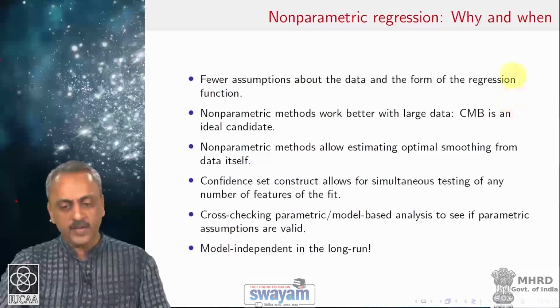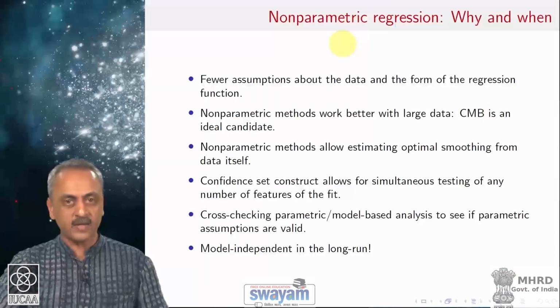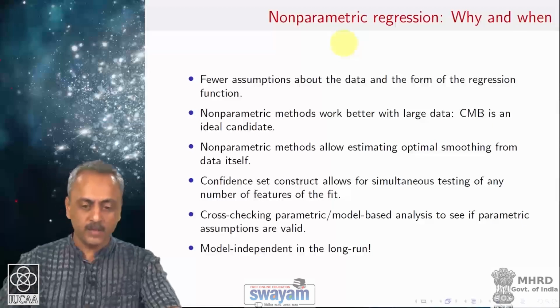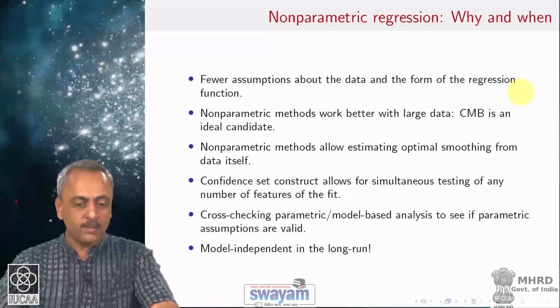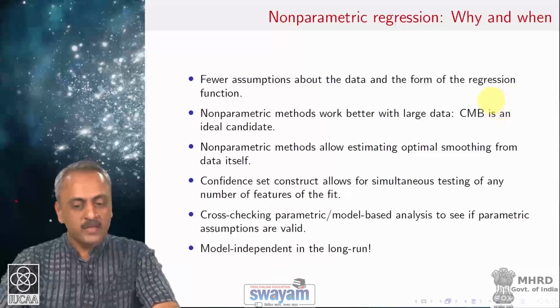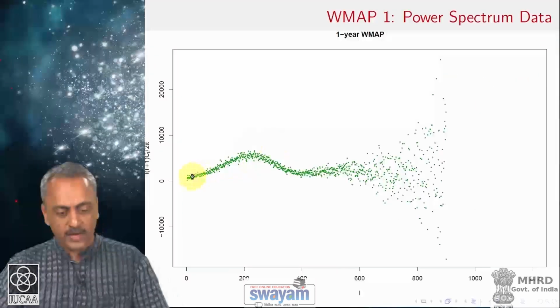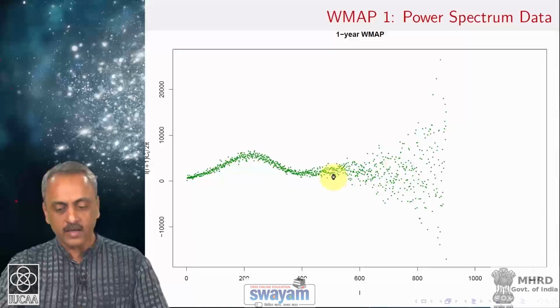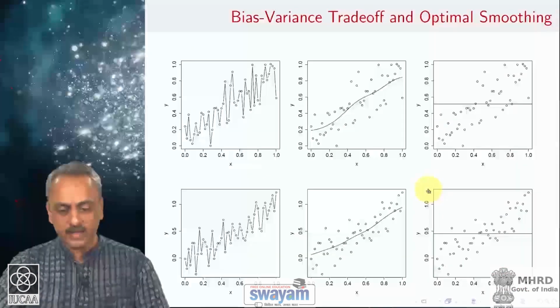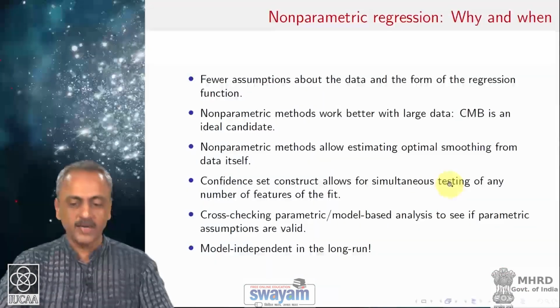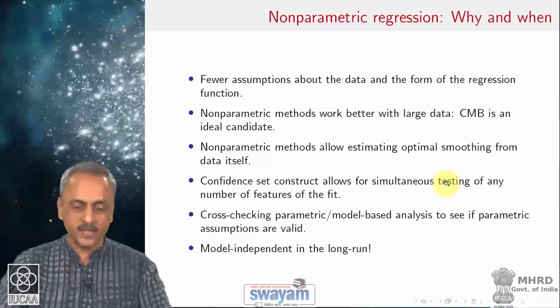As was advertised, we are using a non-parametric methodology here for this purpose. Non-parametric statistics relies on fewer assumptions about the data. Specifically, since we are talking about estimating the underlying regression function in this context, non-parametric regression relies on fewer assumptions about the data.